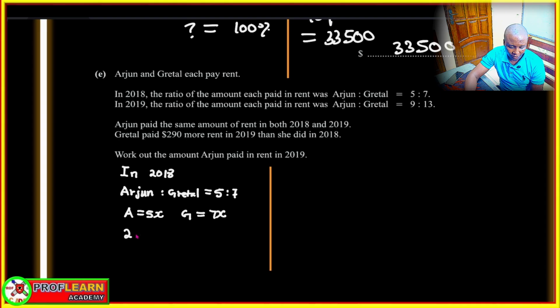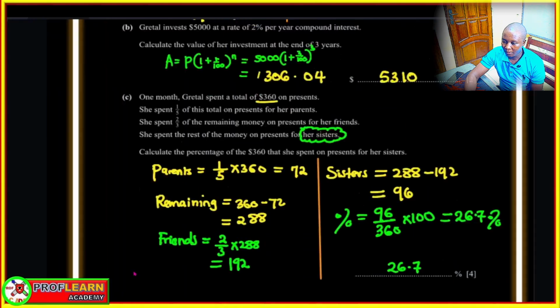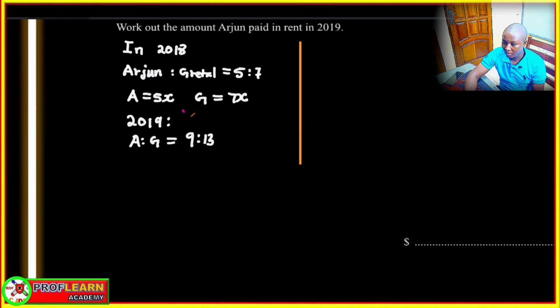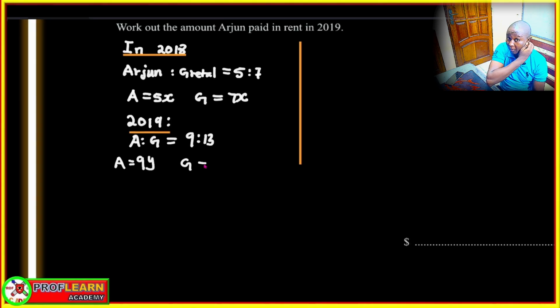Then from here, we can also say in 2019, Aljun ratio Gretel, meaning that if Aljun paid 9y, we are getting that from the ratios provided, then Gretel had to pay 13y.